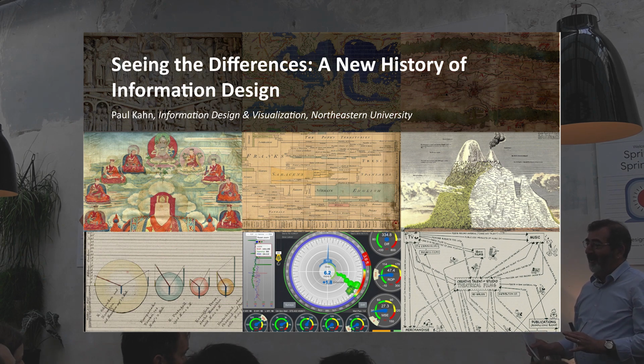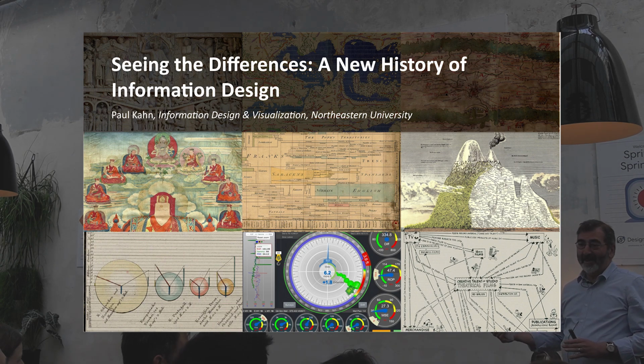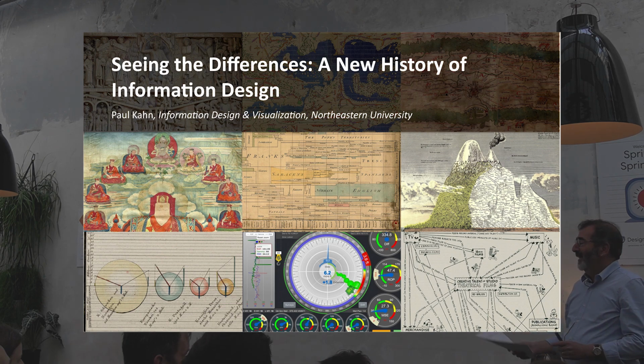So there are a lot of images, and I will be talking about a lot of examples. I actually have a script because there are so many things here. I need to remember what it is I'm supposed to say. So I do know what I'm talking about, but I will have to fumble with the paper sometimes.